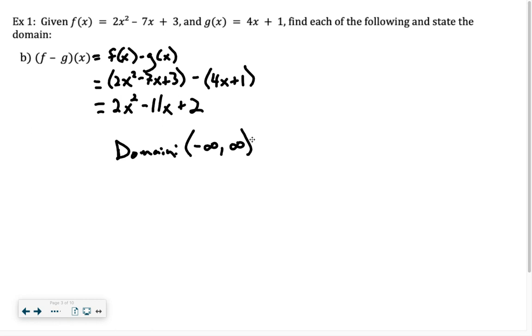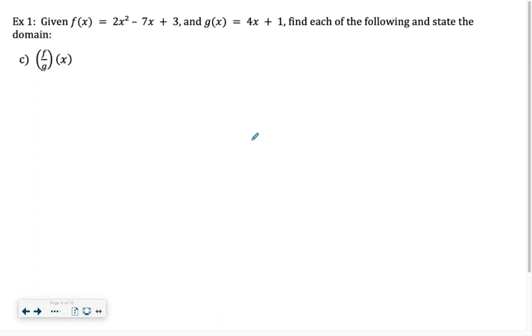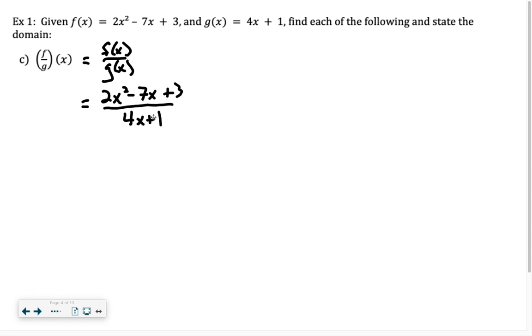All right, so my third example here, f over g. Again, we said this just means f of x over g of x. So here, that's going to be 2x squared minus 7x plus 3 over 4x plus 1.